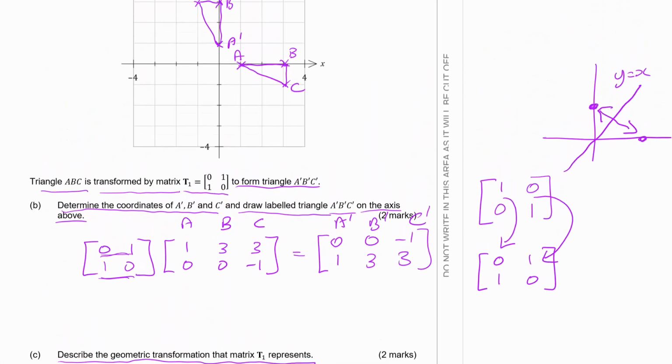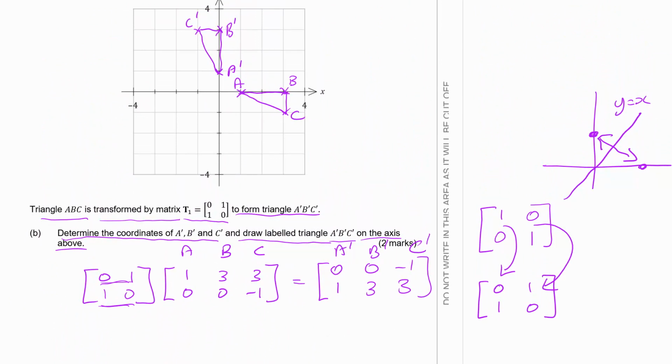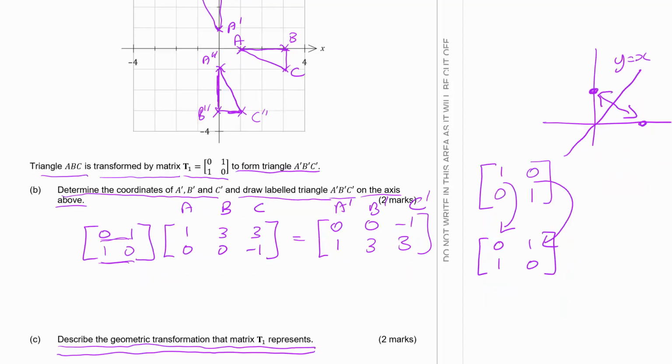So I think I can draw the rotation first. We're talking about this triangle at the top here being rotated 180 degrees. And that means that A'' would be here, B'' would be here, and C'' would be here. And so what we have is this triangle just here.